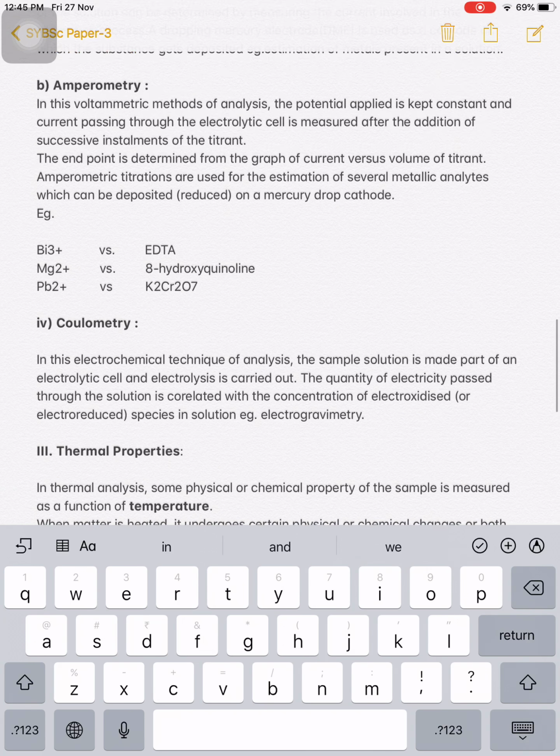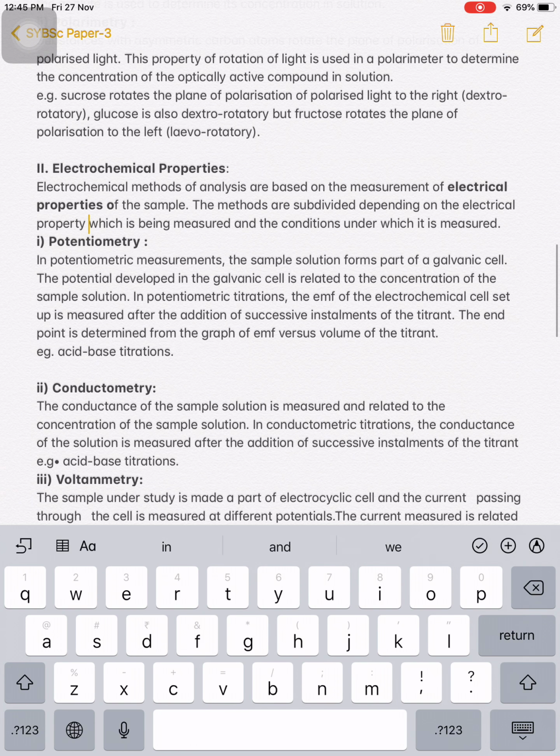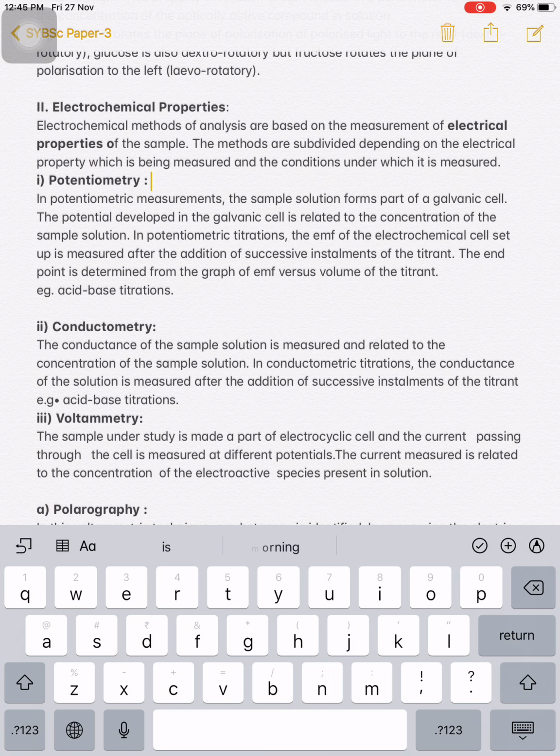Colorimetry is there. First we are going to see potentiometry. In electrochemical methods, the electrical properties of the sample are measured.